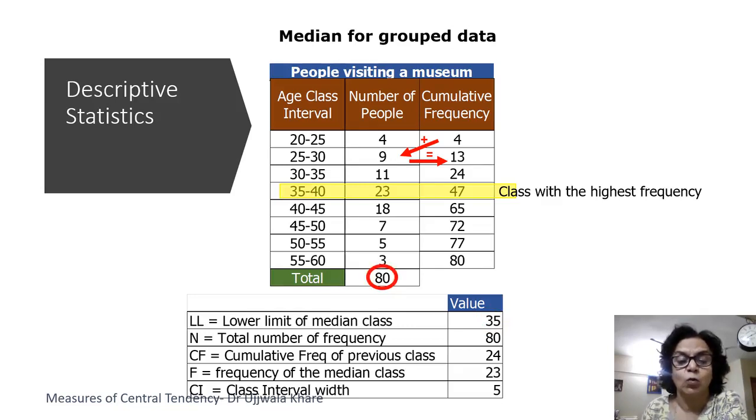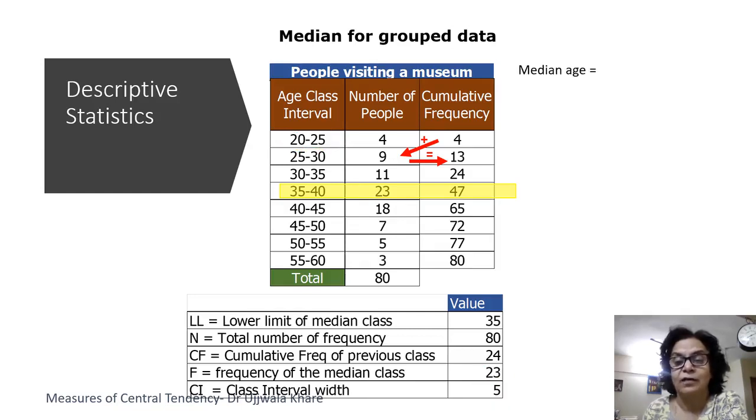Then 80 is the total frequency. Then 24 is the cumulative frequency of the previous class. The cumulative frequency of this class is 47, so we have to look at the previous class, that is 24. Then the actual frequency of the median class is 23, and the class interval is 5. Okay.